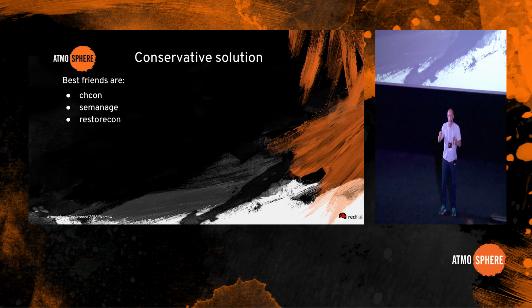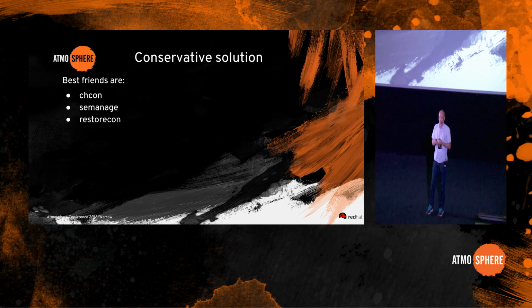If it's permanent, the setting will survive reboot. So from my point of view, setsebool -P, that's the permanent one, and semanage boolean do the same thing. They change the boolean in a permanent way.